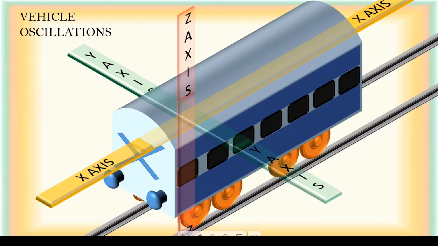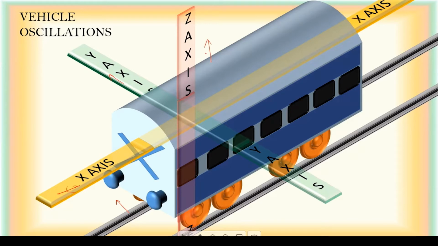The vehicle is free to move in all three axes. It can move about the longitudinal axis, that is x-axis, in the direction of motion. It can move horizontally perpendicular to the direction of motion. Move means oscillate. It cannot go beyond a certain distance, but it can oscillate. Provision is there. And similarly, it can oscillate vertically upwards.